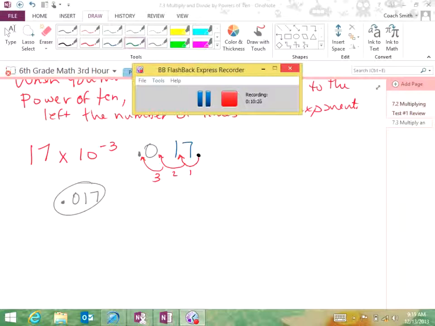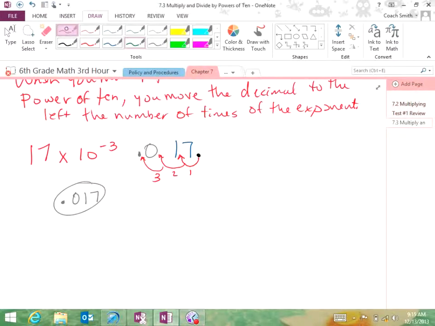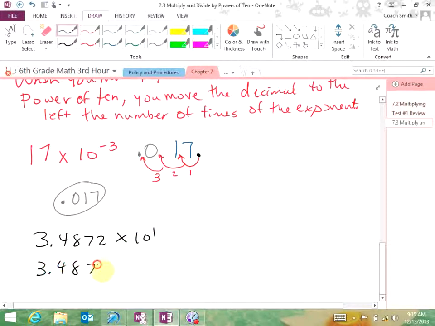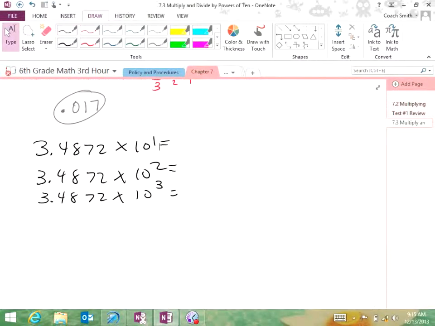So I want you to do these 3 numbers. 3.4872 times 10 to the first, 3.4872 times 10 to the second, and 3.4872 times 10 to the third. Okay, do those real quickly.